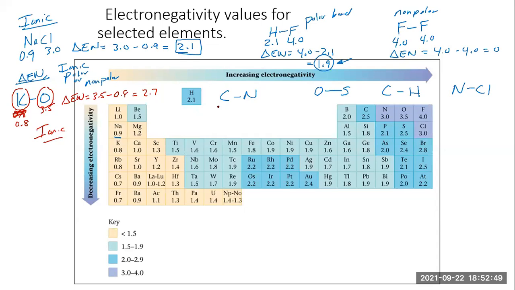Carbon is 2.5, nitrogen is 3. The difference is 3 minus 2.5, which gives us a 0.5 difference. And remember, above 0.4, which 0.5 is, is considered a polar bond. Where are the electrons going to be in this case?